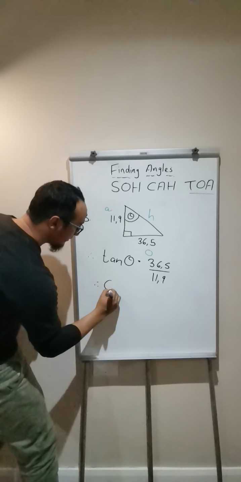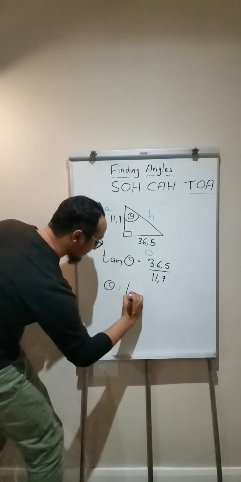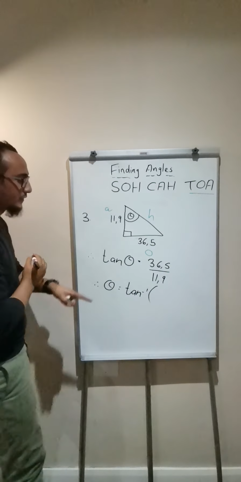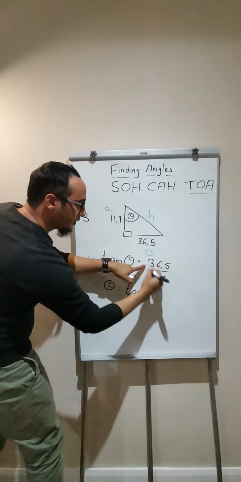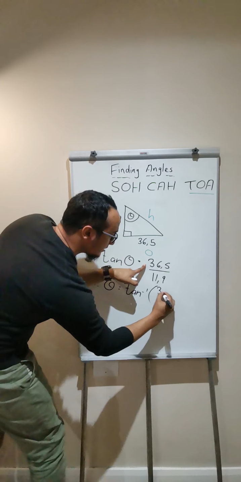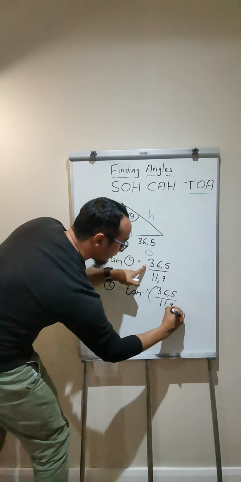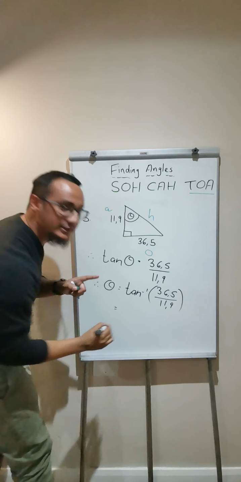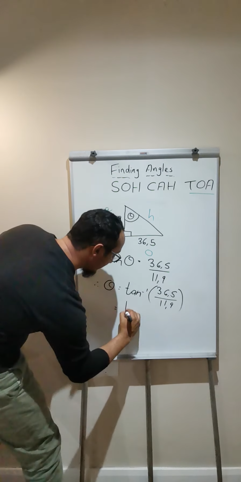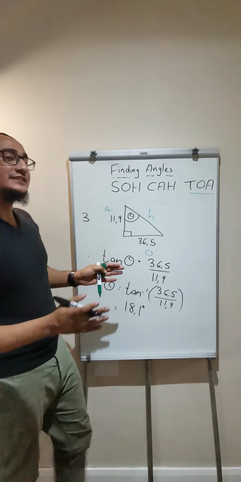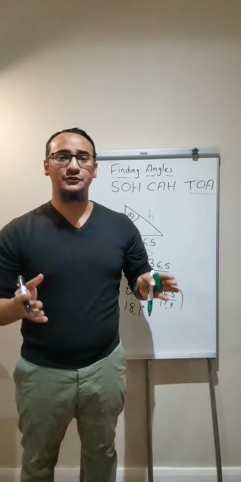So therefore, theta is equal to the shift or second function of tan. The bracket pops up. What do you type in? Your dimensions. 36.5 over 11.9. I type it straight into my calculator and I get an answer of 18.1 degrees.